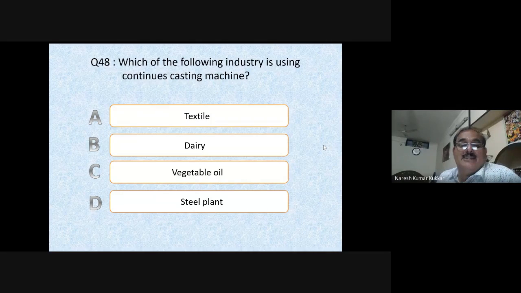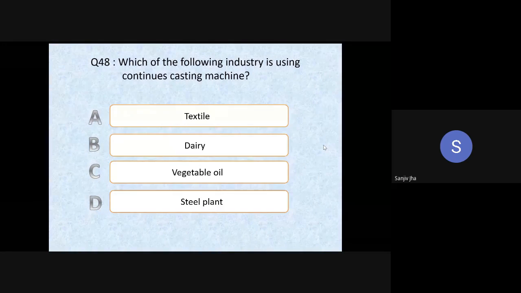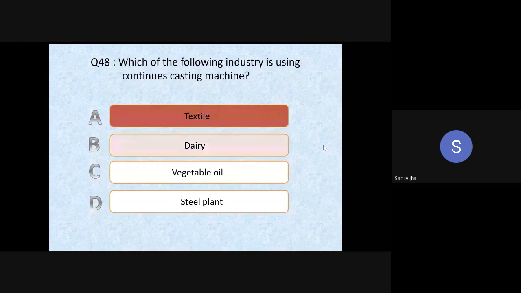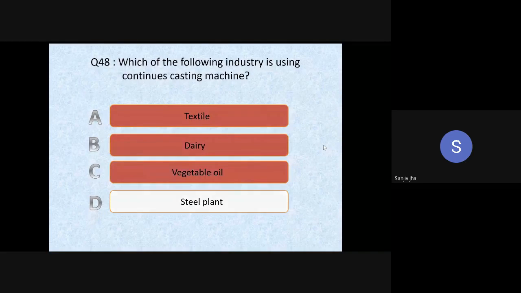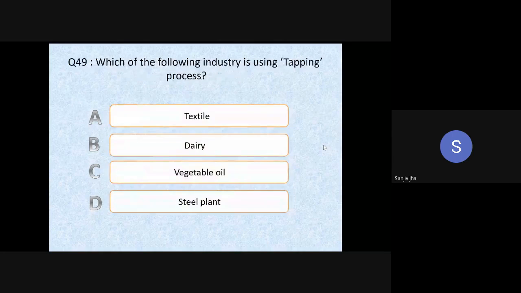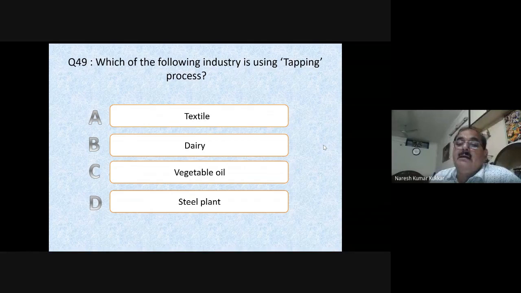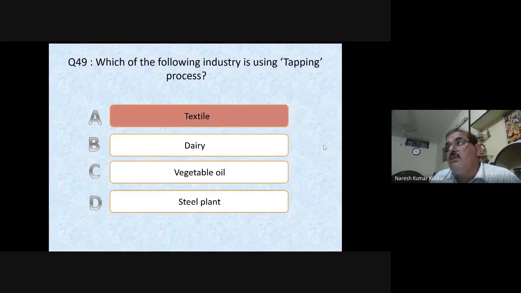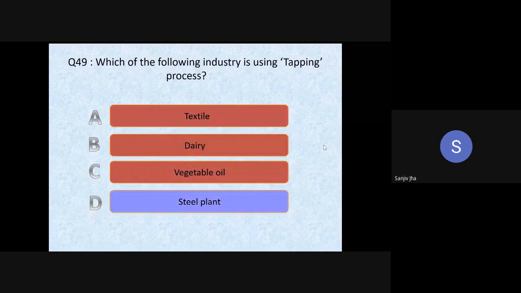Such questions are also asked. D. It is also D. Liquid metal is sent to the blast furnace.